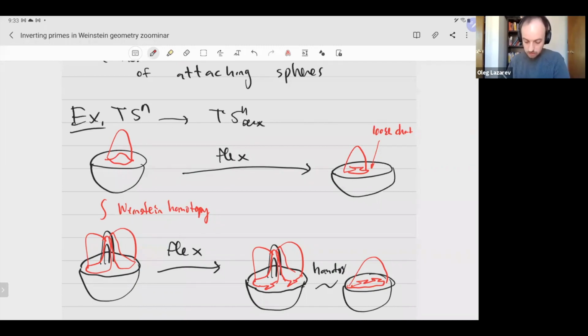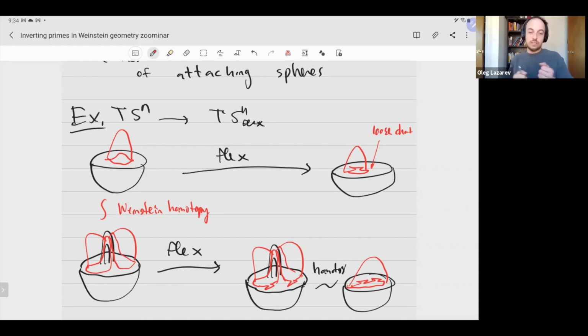So I add loose charts to these 2 handles, and this thing on the bottom right is actually homotopic to a presentation with 1 handle and now two of these loose charts. So on the top, I have a presentation with 1 loose chart. On the bottom, I have a resulting presentation with 2 loose charts.